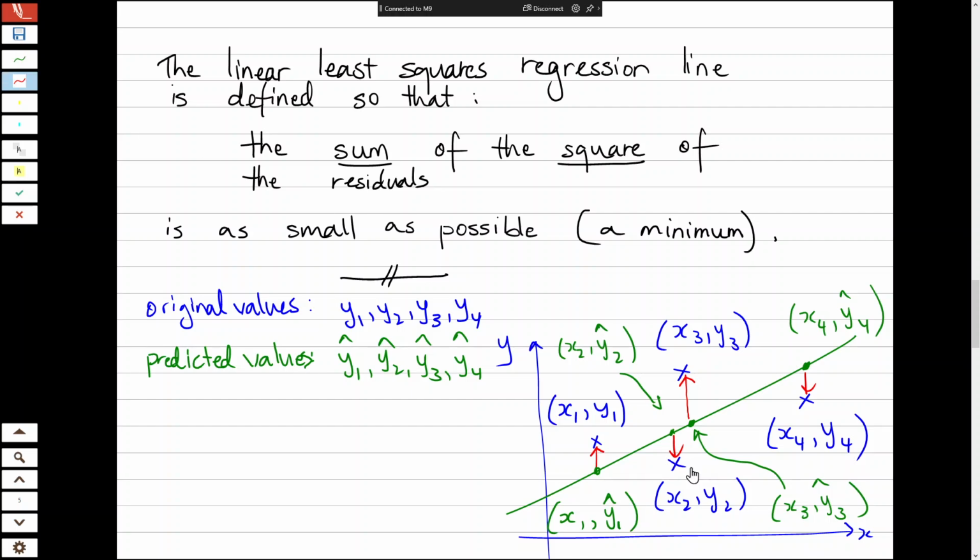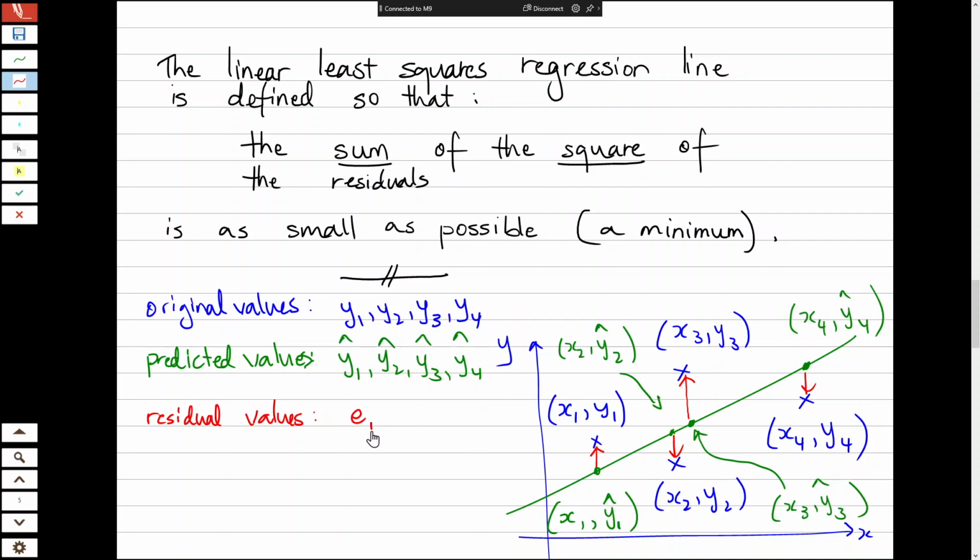So according to our definition for the residual value, I'm going to use the letter E because R is taken already for the correlation coefficient. So on the previous page, we defined the residual value to be the original value, that is the actual value, minus the predicted value.